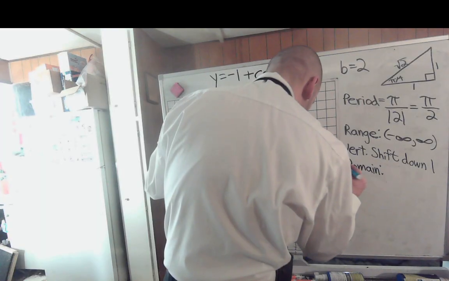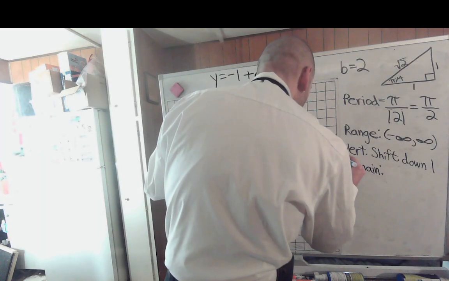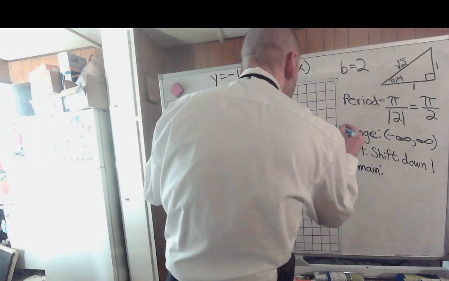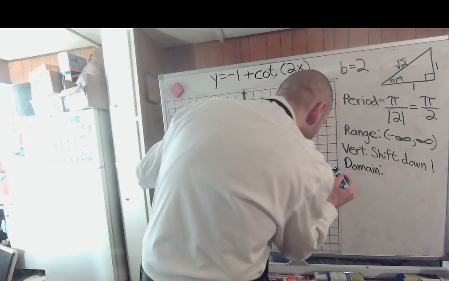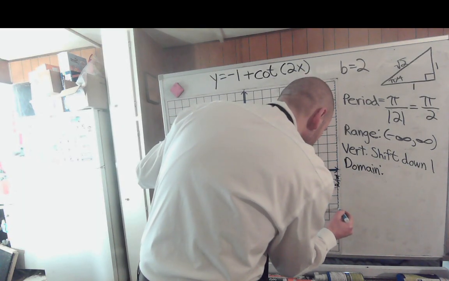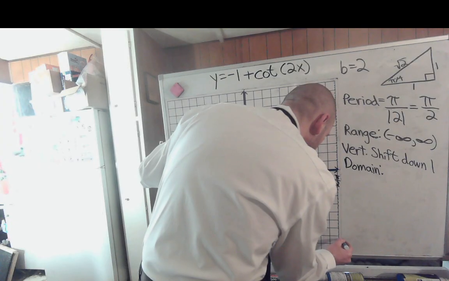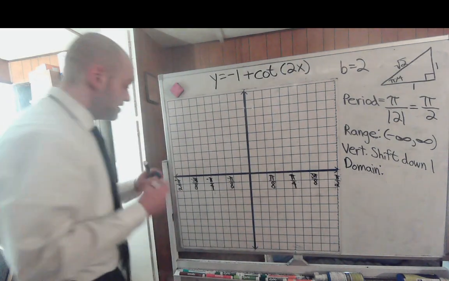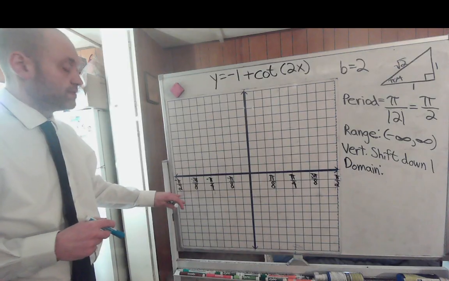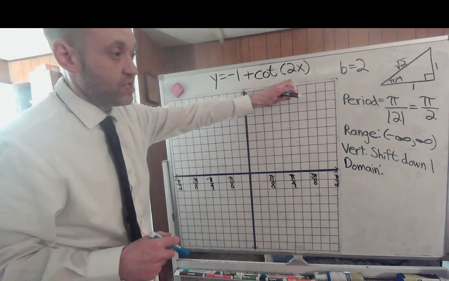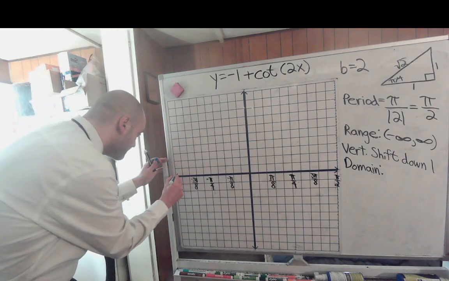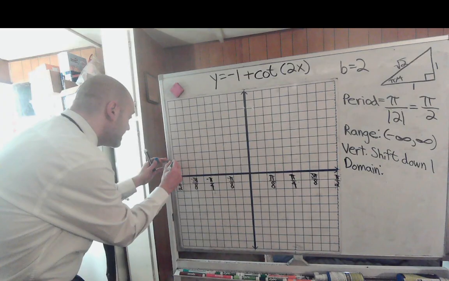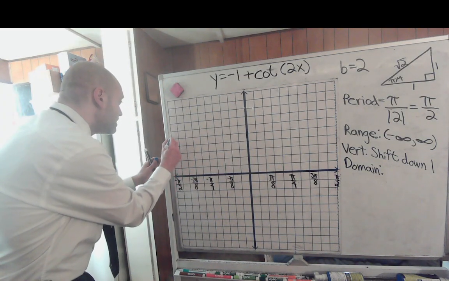So we are going to have a vertical asymptote at x equals pi over 2. And then if I put in negative pi over 2, that would give me the cotangent of negative pi, which is, again, undefined. So vertical asymptote at x equals negative pi over 2.